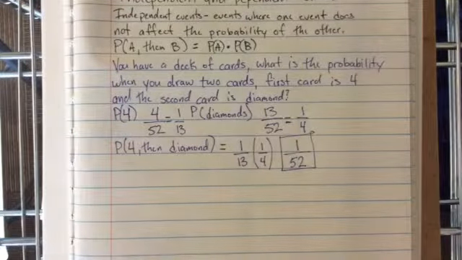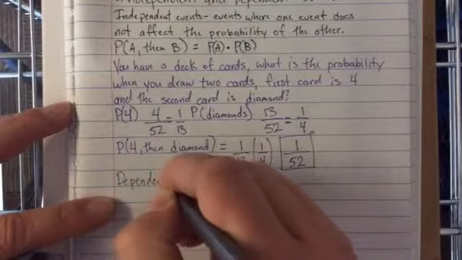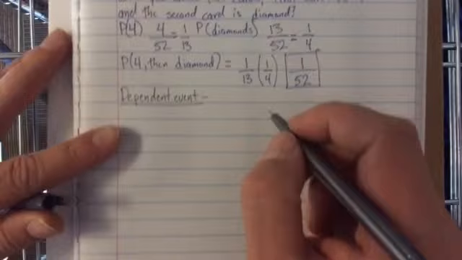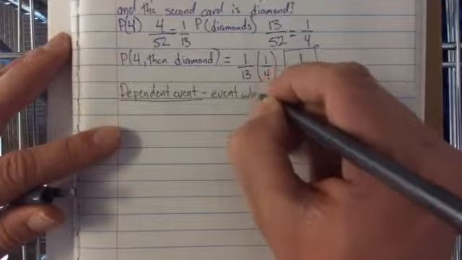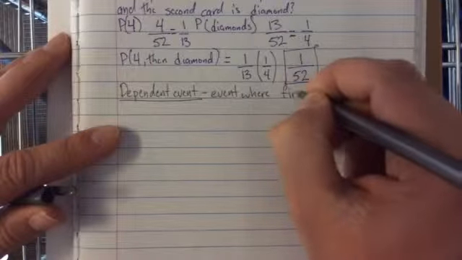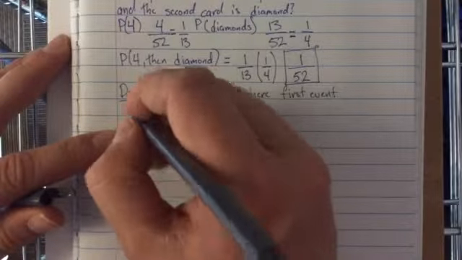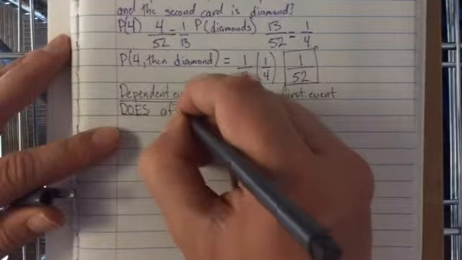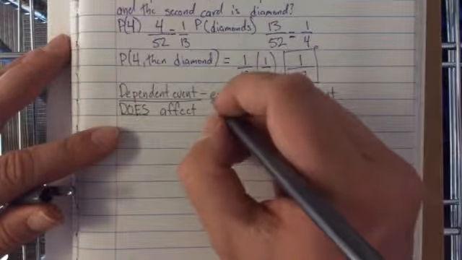So a dependent event is an event where the first event does affect the probability of the other.